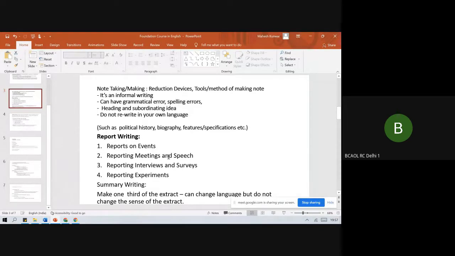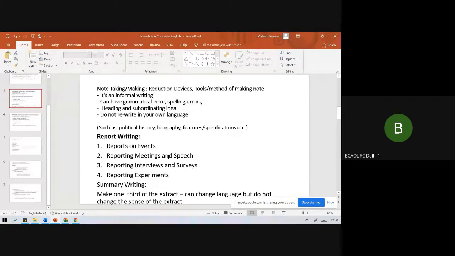Do not change any words, especially any word mentioned in that text, whether spoken text or written extract from that passage. Just write the important words mentioned in the text, and based on your understanding, you have to take a note.